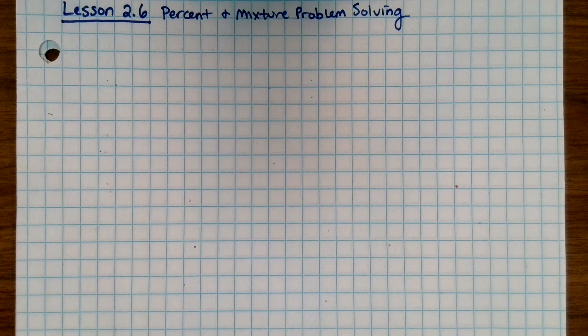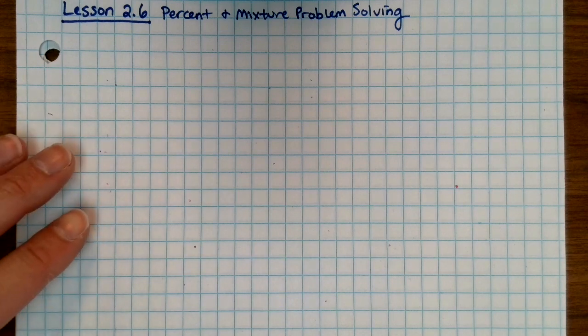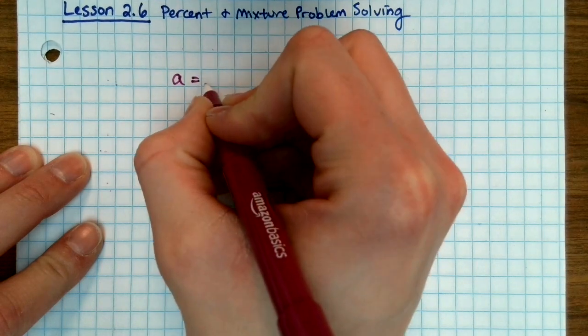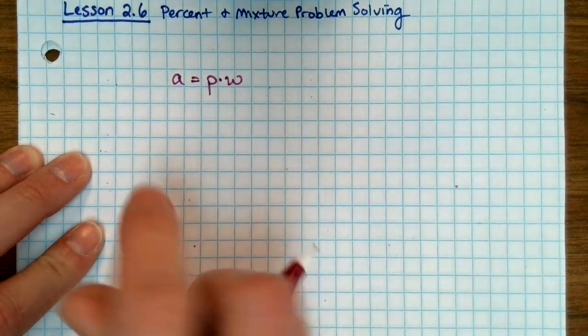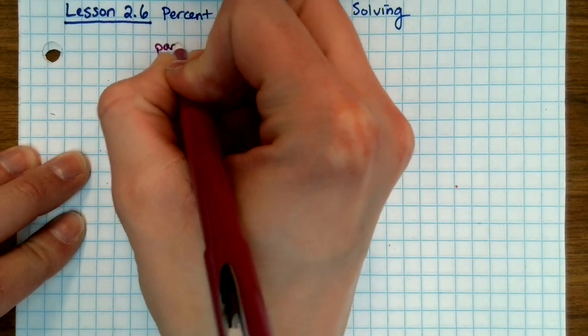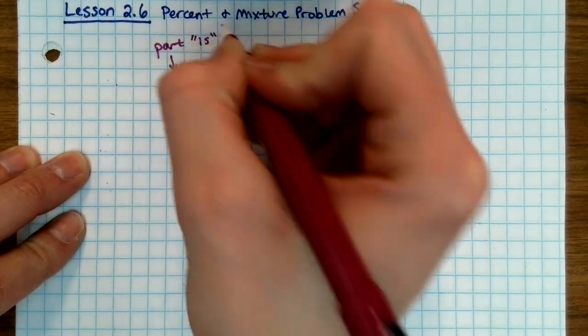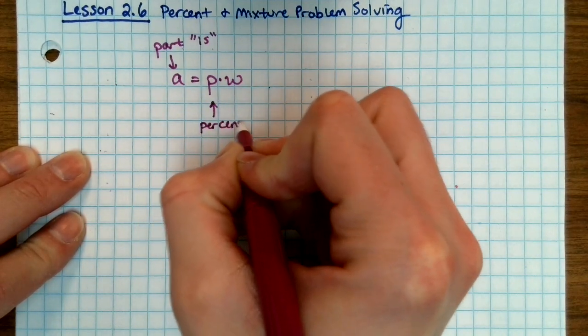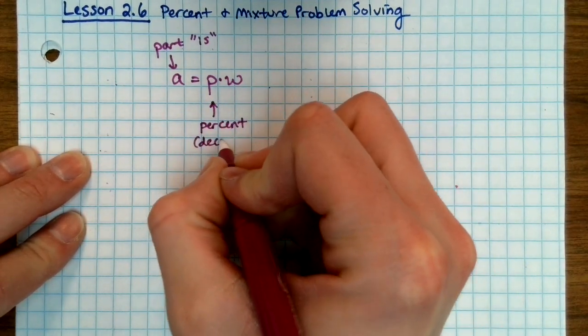So the first few examples, in pretty much all of these cases, are going to be using that percent equation that I mentioned. So this percent equation in general is A equals P times W, where A is the part, and a lot of times it's identified by looking for the word is. Then we have the percent, which is in decimal form.